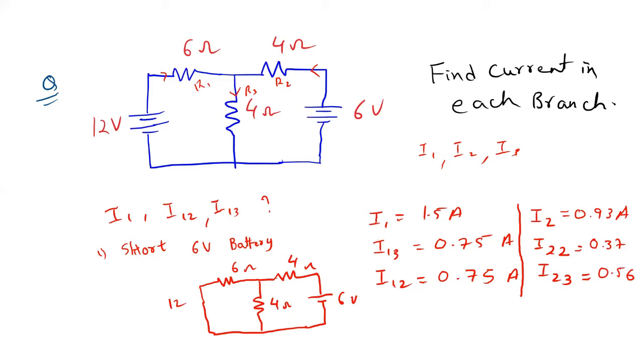So now you tell me what will be the current through R1, R2, R3. So you add these two values, 0.75 plus 0.56.